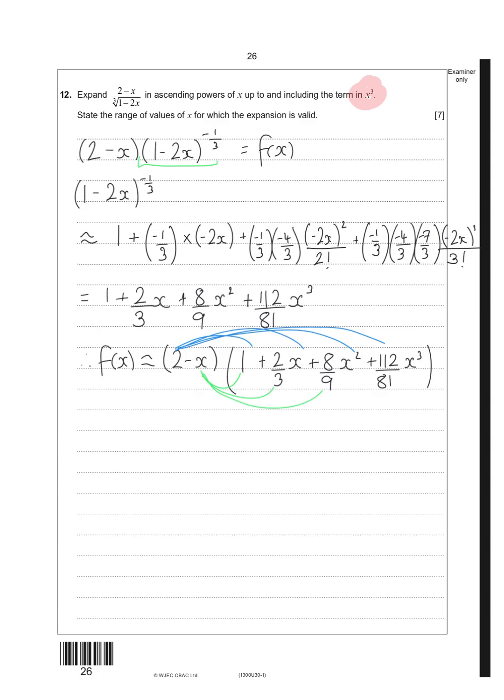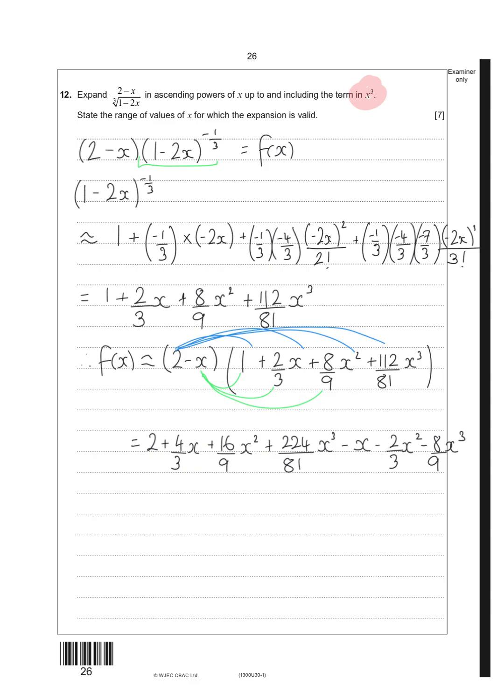So 2 times 4/3 of x plus 16/9 of x squared plus 2 times 4 over 81 x cubed, minus x minus 2/3 of x squared minus 8/9 of x cubed.